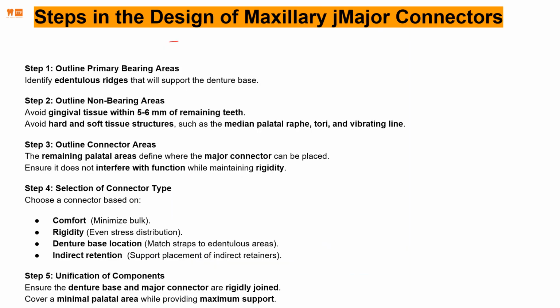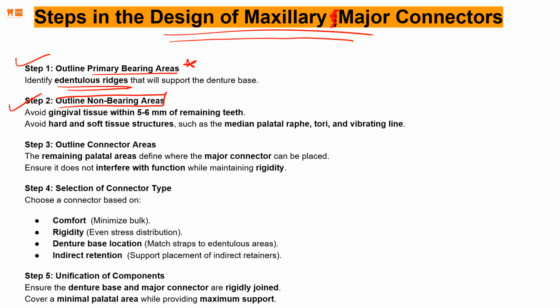So then what are the design components, the steps for design? Apologies for this J. This shouldn't be there. Okay, step 1. Outline primary bearing area, so denture base areas. Identify edentulous ridges, technically, just the same as mandibular. Step 2. Outline non-bearing areas, something we need to avoid, such as relieving areas, right?